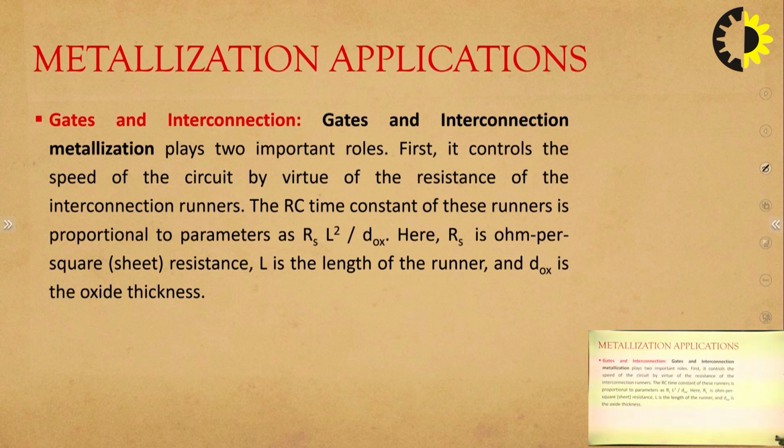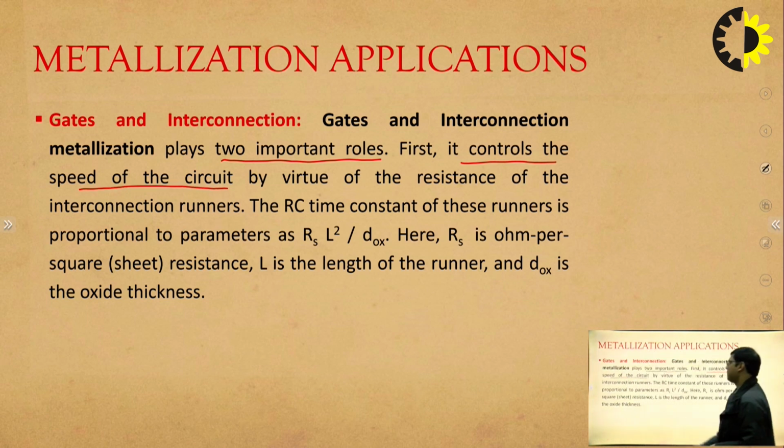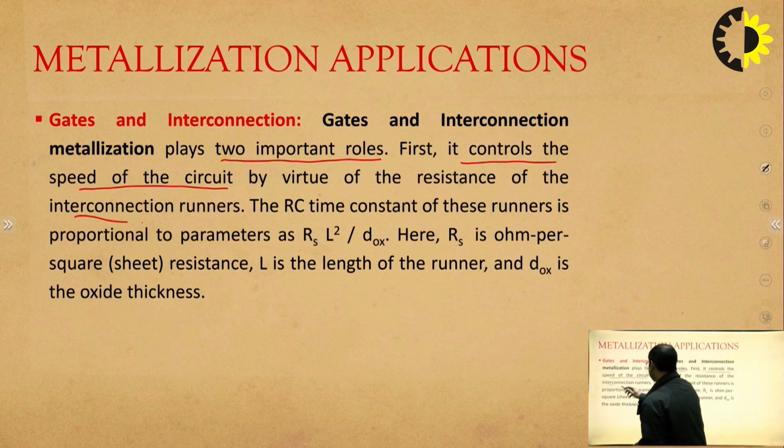Because for gate and interconnection we use polysilicon material as a metallization, here the metallization plays two important roles that we need to remember. The first one is that it controls the speed of the circuit by virtue of the resistance of the interconnection runners.